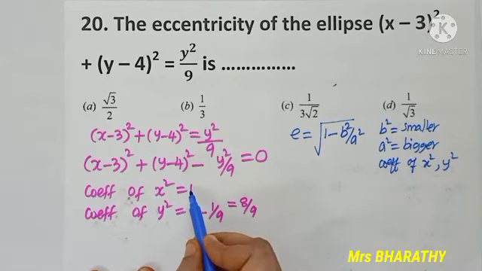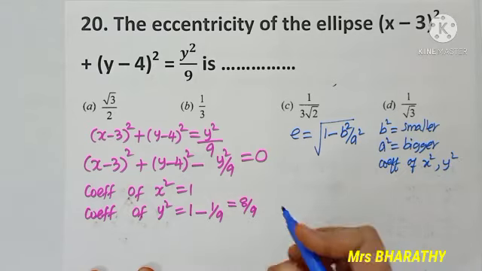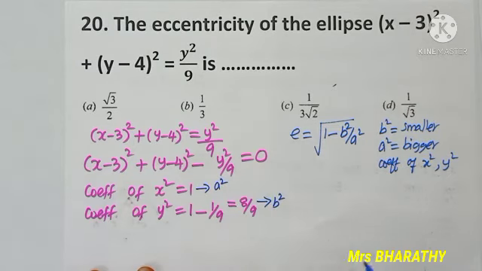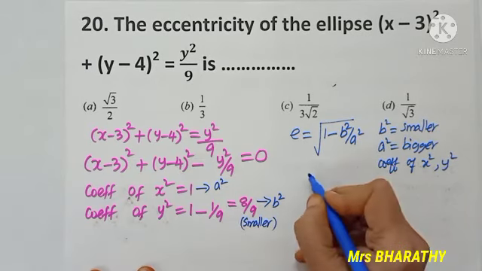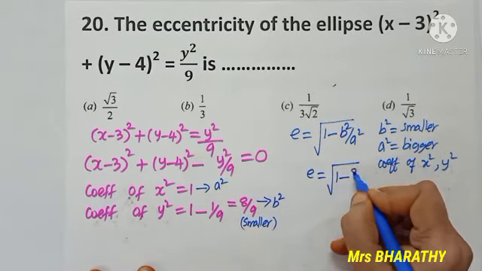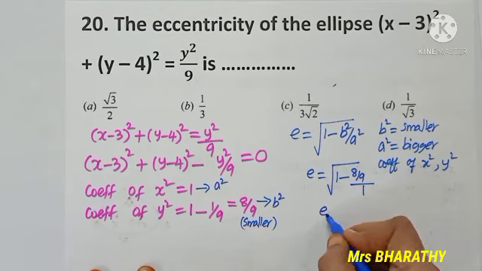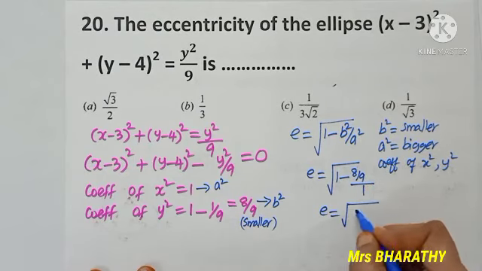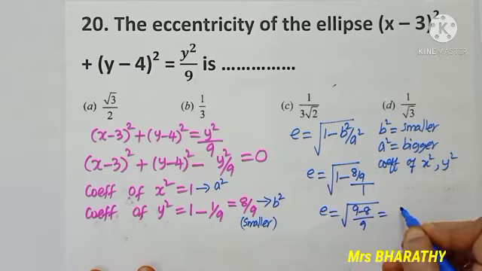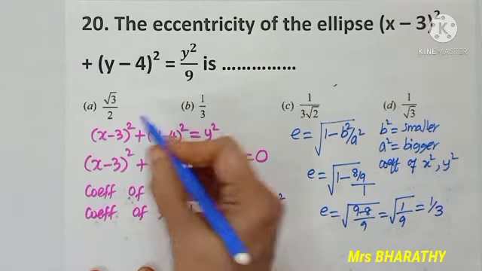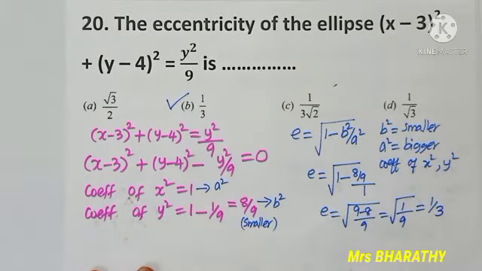Here I have 1, here I have 8 by 9. Out of the two, this is smaller. So I call this b square and this a square, because this is smaller and 1 is comparatively bigger. As I substitute, 1 minus 8 by 9 divided by 1, or if I simplify, it is 9 minus 8 by 9. That is square root of 1 by 9, which is nothing but 1 by 3. Out of the 4 options, option B is the right choice.